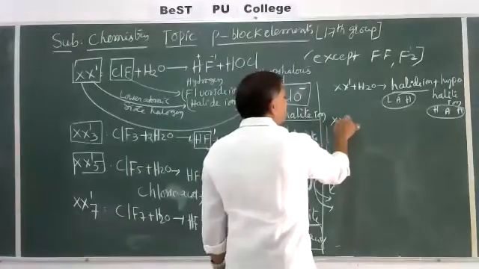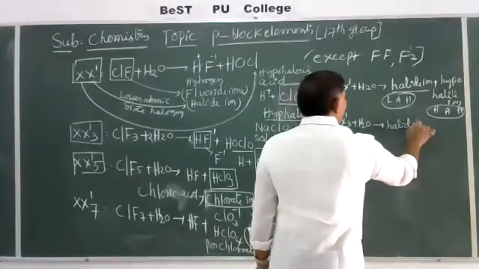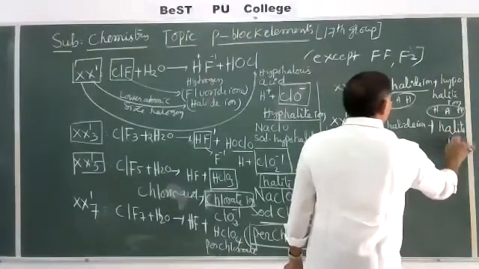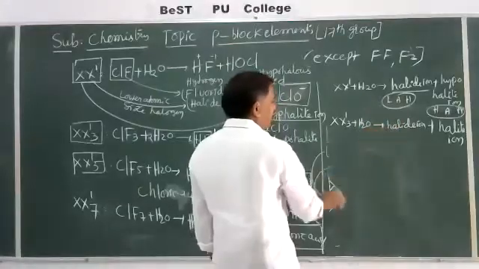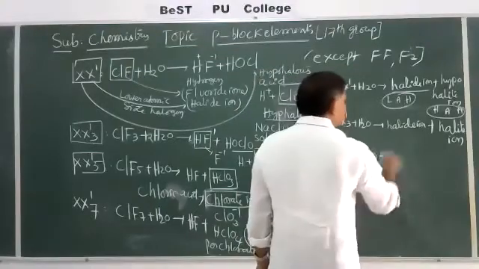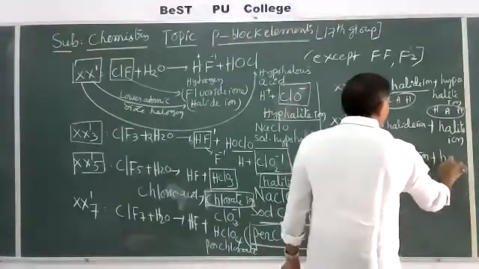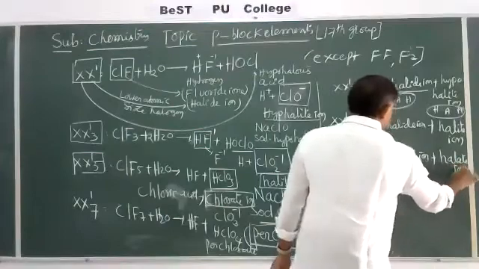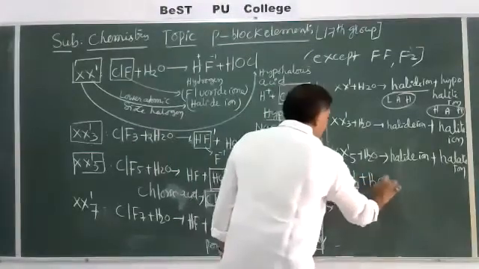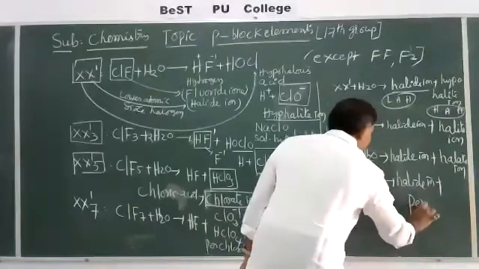Next, X dash 3 with water gives the halide ion plus a halite ion. Same, lower and higher. If X dash 5 is reacted with water, it gives the corresponding halide ion, same lower atomic number, and the higher one is the halate ion. Now here X dash 7 plus water similarly gives the halide ion plus perhalate ion.